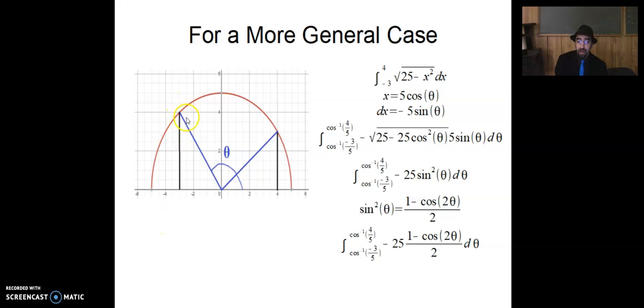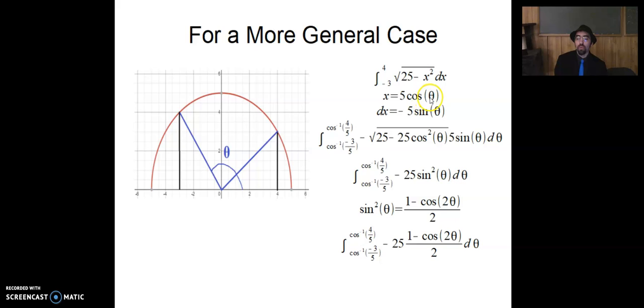In terms of theta, x is 5 cosine theta in standard position when the radius is 5. So x equals 5 cosine theta, dx equals -5 sine theta d theta. I forgot to put the d theta here, but we know it goes there.